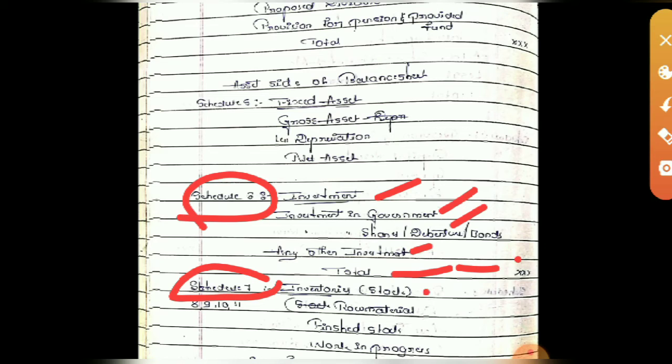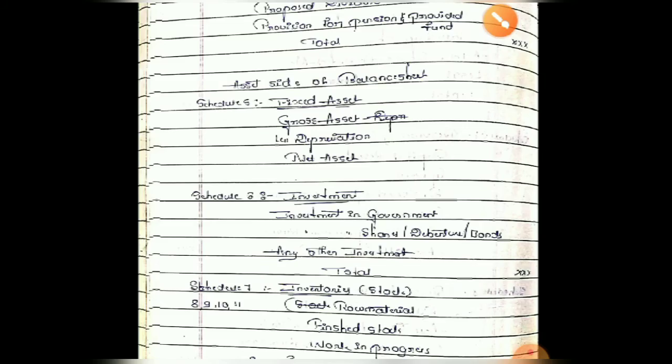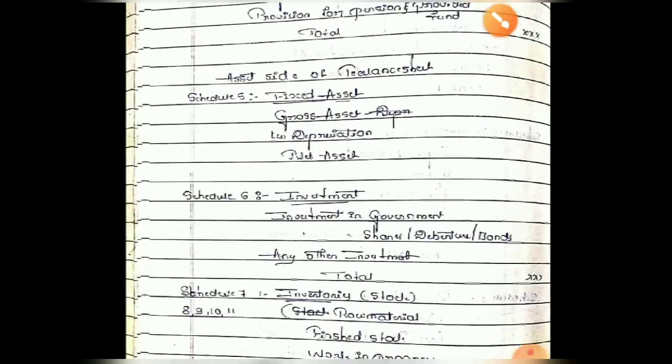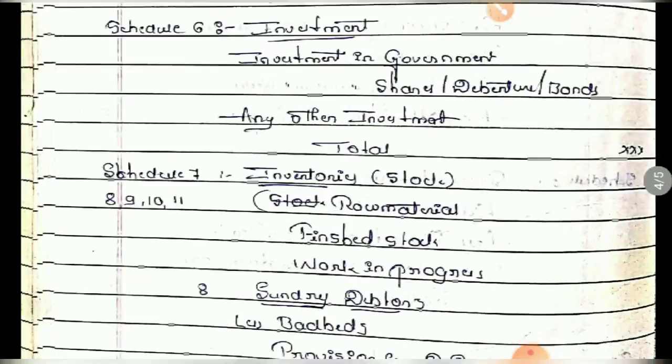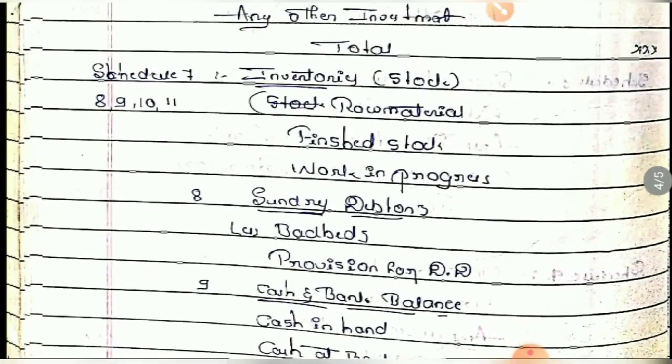Then schedule 7 is concerned to inventory stock. Any inventory stock item that is there, you have to take in schedule 7 and transfer this amount to your main balance sheet. Then schedule 8, 9, 10, 11. 8 is concerned to debtors.